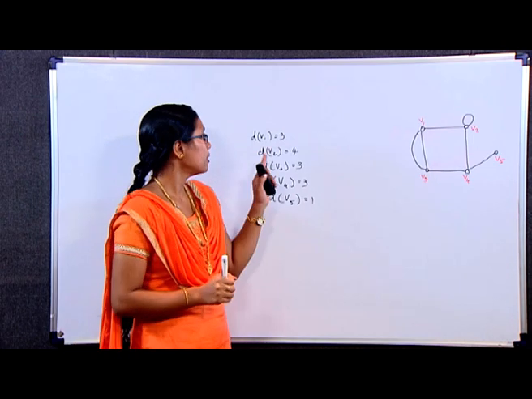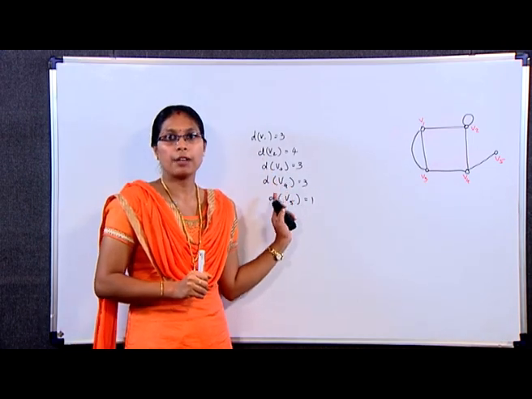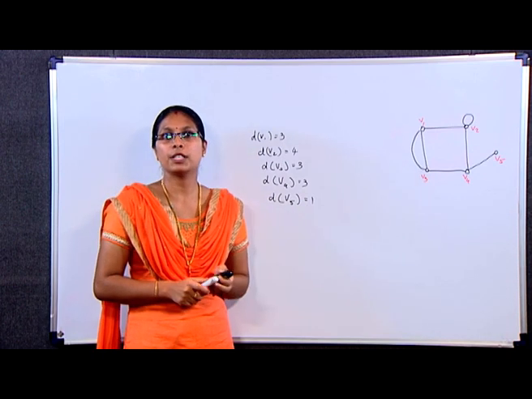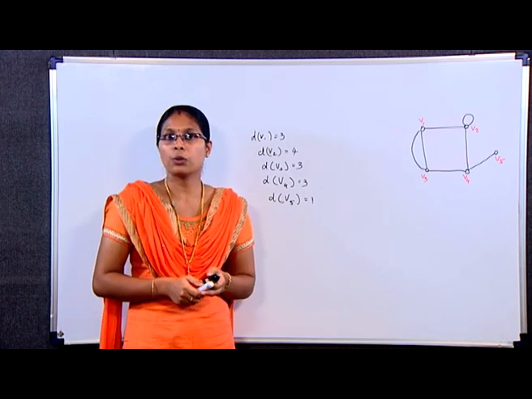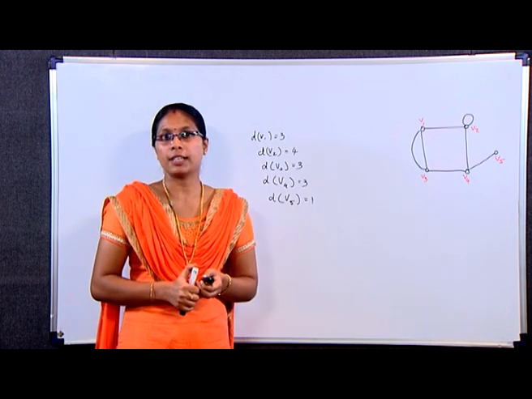Here V1, V3, V4 and V5 are odd vertices and V2 is an even vertex. Also the vertex V5 is a pendant vertex.